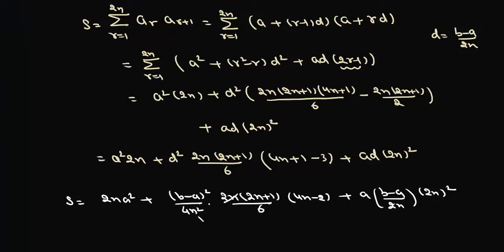Now here 2n and 2n will cancel, and this 2 will also cancel, so here we will get 2n minus 1.